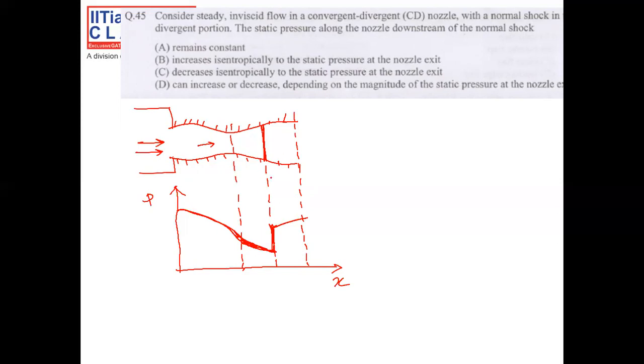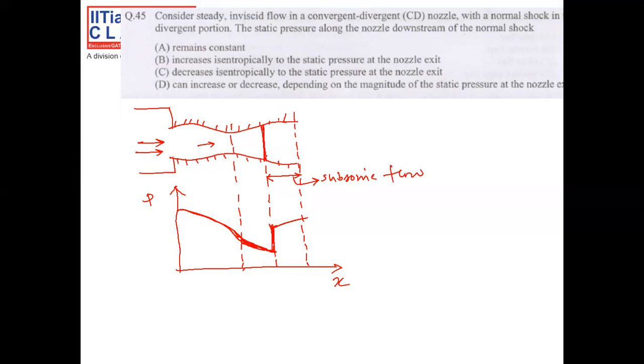So at this part of the nozzle, downstream of the normal shock, the flow is completely subsonic.